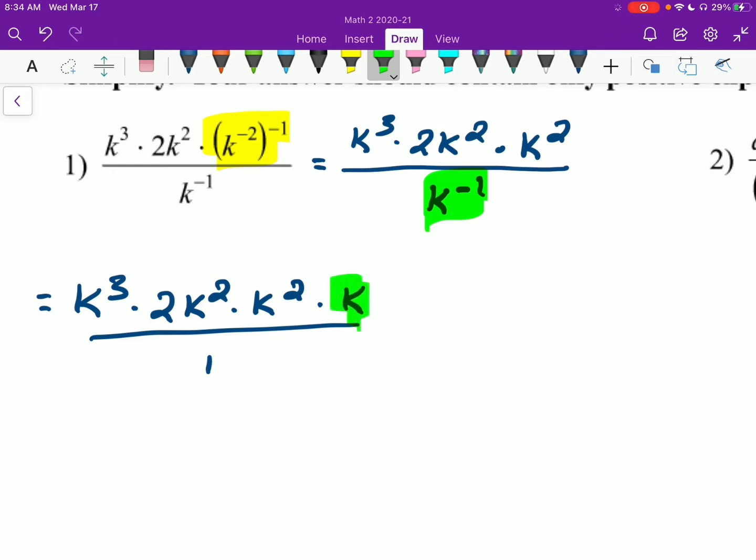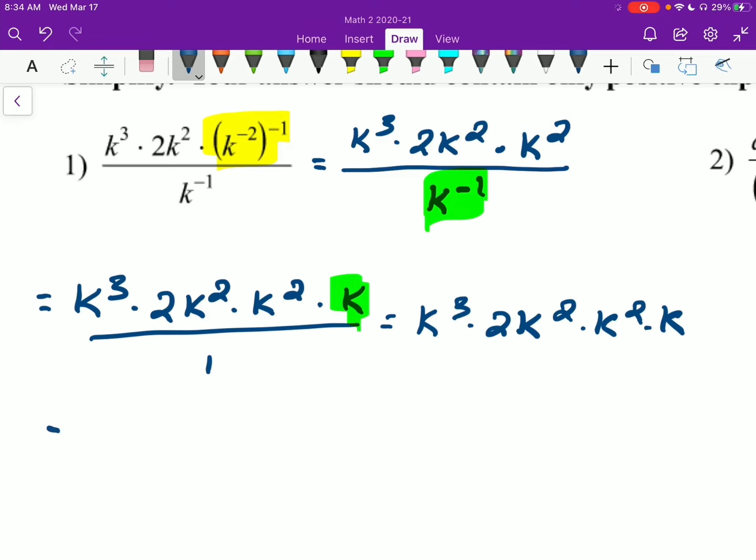Any number has a denominator of 1, so we can just drop that. It's going to be k cubed times 2k squared times k squared times k with no fraction bar.